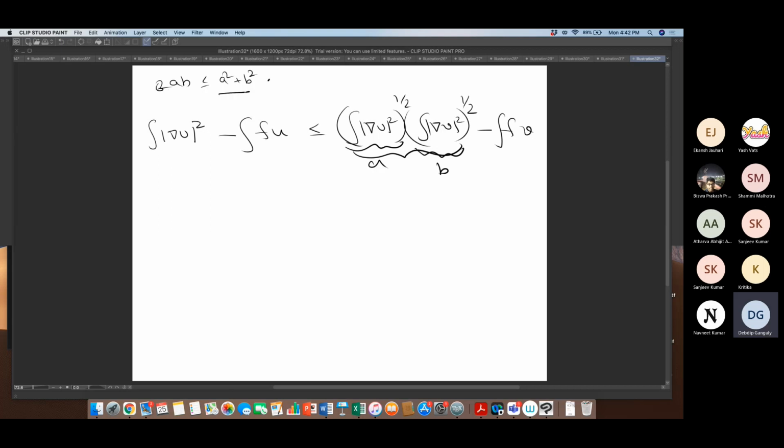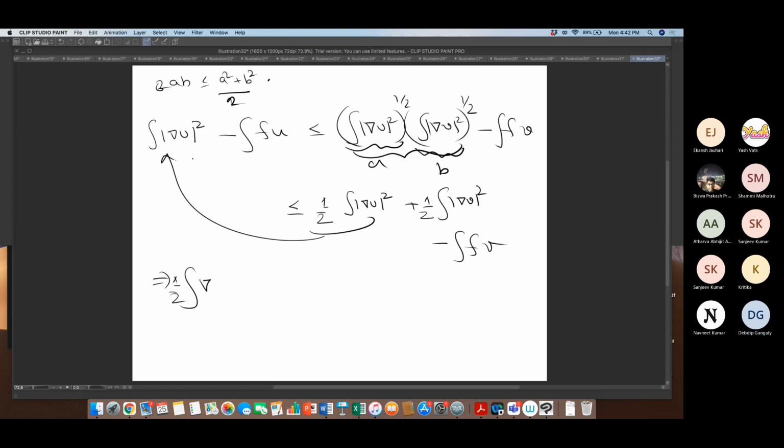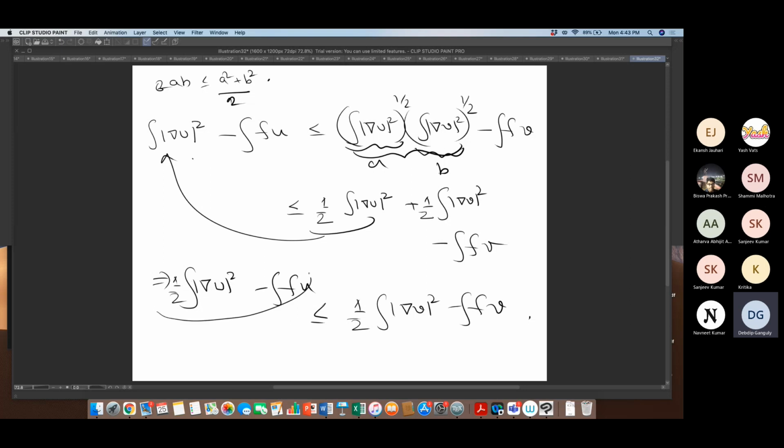This is less than half a square plus half b square. We take this to this side, that is half gradient of u square minus f of u is less than half gradient of v square minus f v. So this is your J of u is less than or equal to J of v.